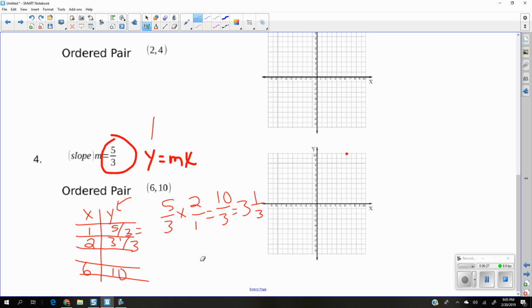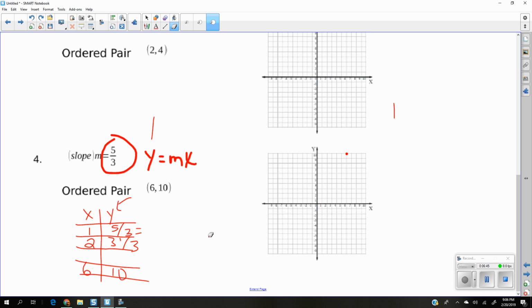So remember when we did proportions, come over here and look. I'm not going to do it with this one because it's got the fraction. But now, we can actually go backwards with this one.